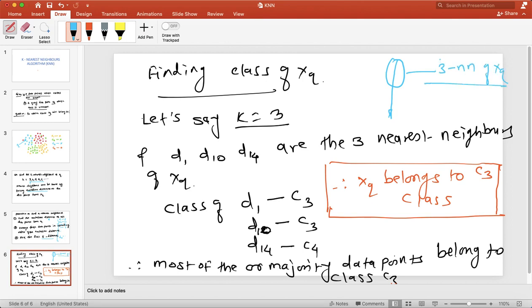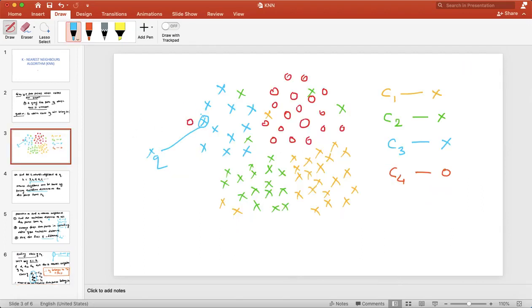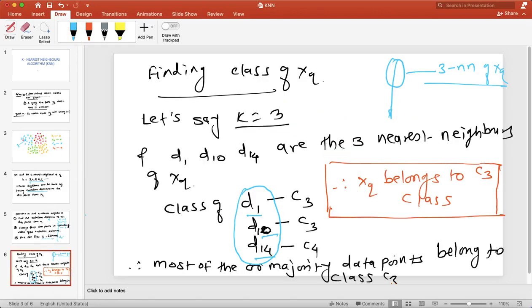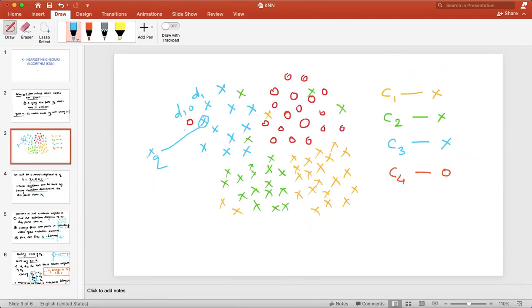Now after finding these 3 nearest neighbors, look at their classes. What is the class of D1, what is the class of D10 and what is the class of D14? For example, this is D1, this is D10 and one more is D14.